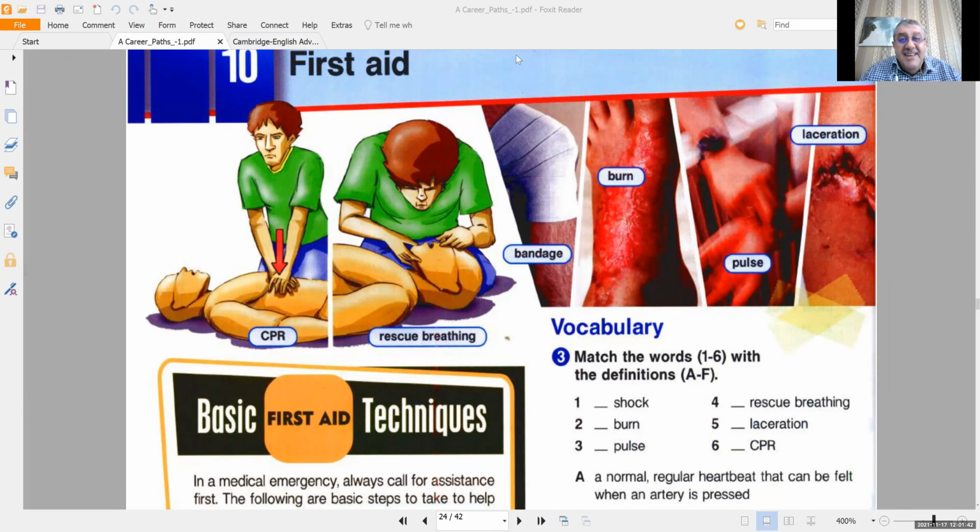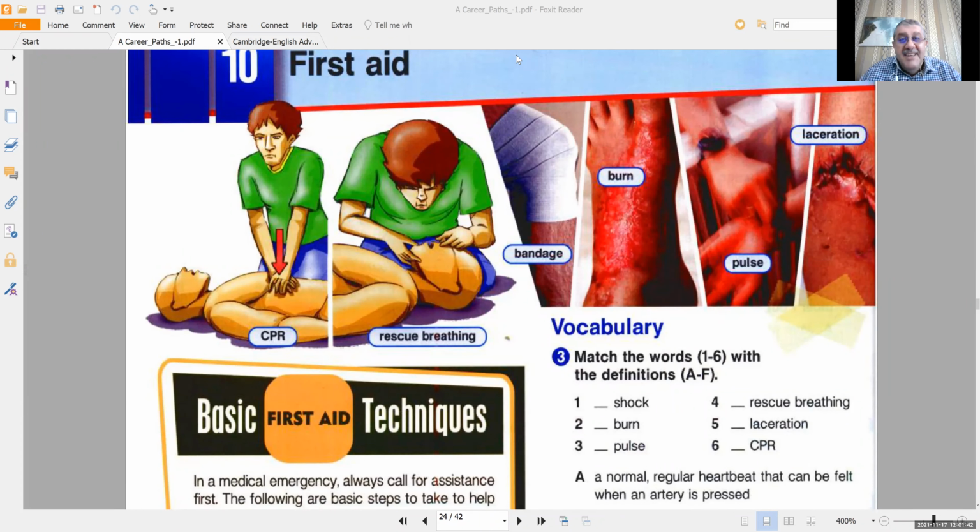Unit 10, First Aid. Exercise 5, page 23. Basic first aid techniques. In a medical emergency, always call for assistance first. The following are basic steps to take to help an injury victim before medical help arrives. Assess the victim's condition. Give him or her plenty of space.